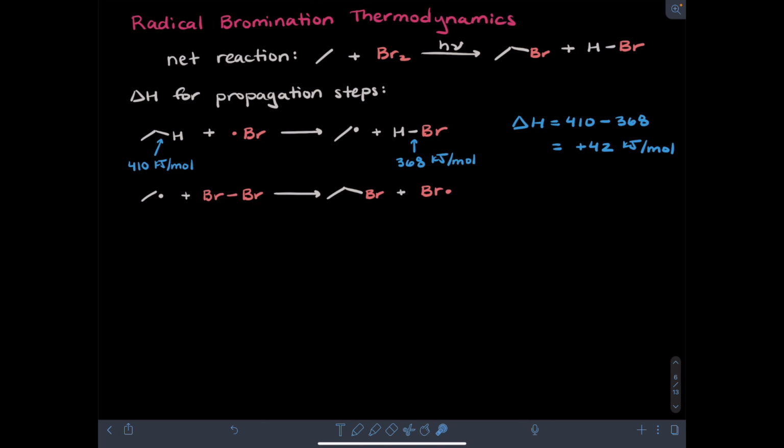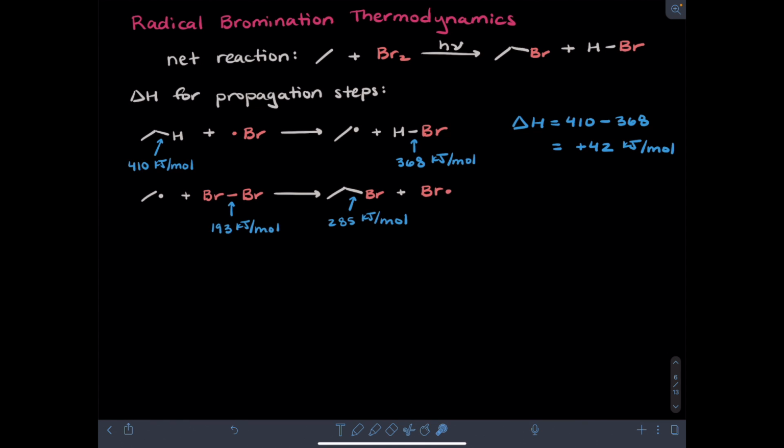Now let's consider the other propagation step, the halogen abstraction. This involves the carbon radical reacting with an equivalent of Br2. In this step, the bromine-bromine bond breaks, a carbon-bromine bond forms, and the bromine radical is regenerated.